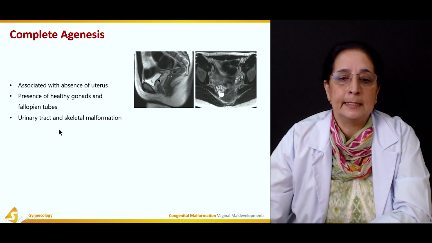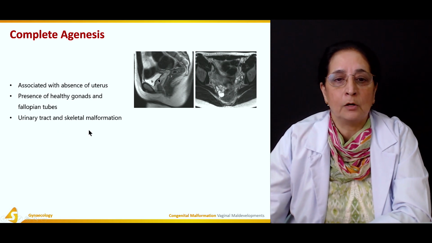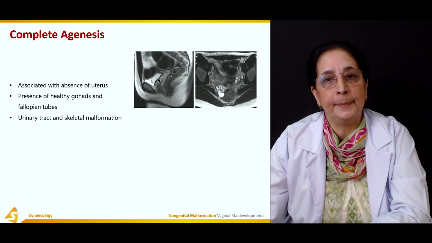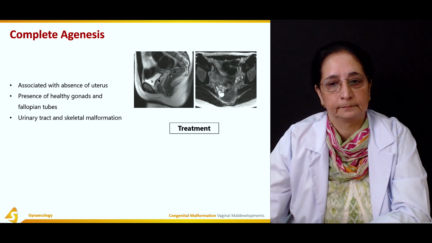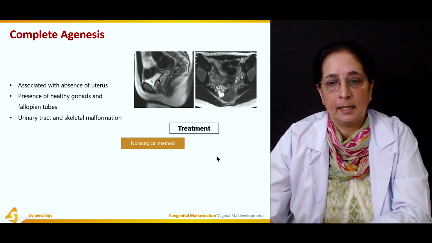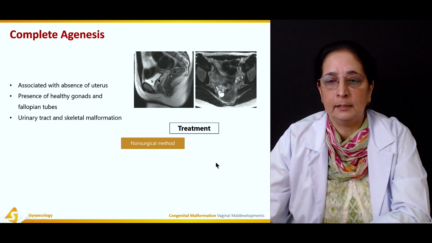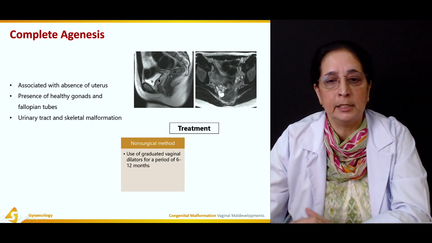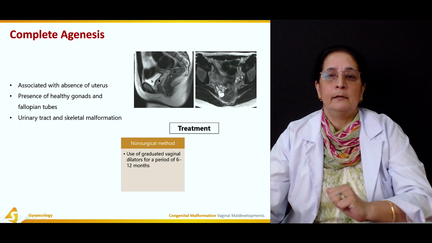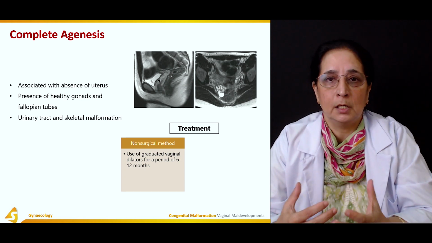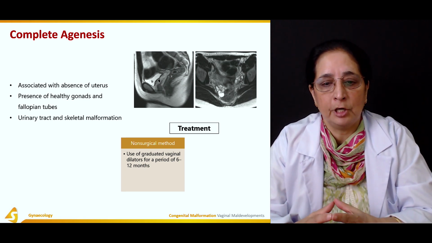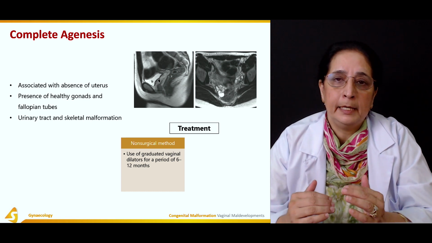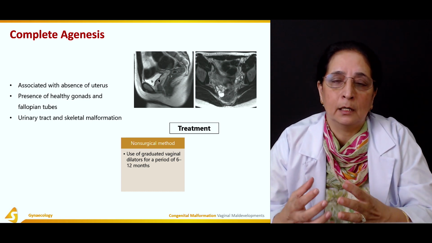Urinary tract and skeletal malformations are also present along with complete agenesis. Treatment is a non-surgical method, and in the non-surgical method, since there is no uterus and no vagina, it's agenesis, so the aim is to create an opening.